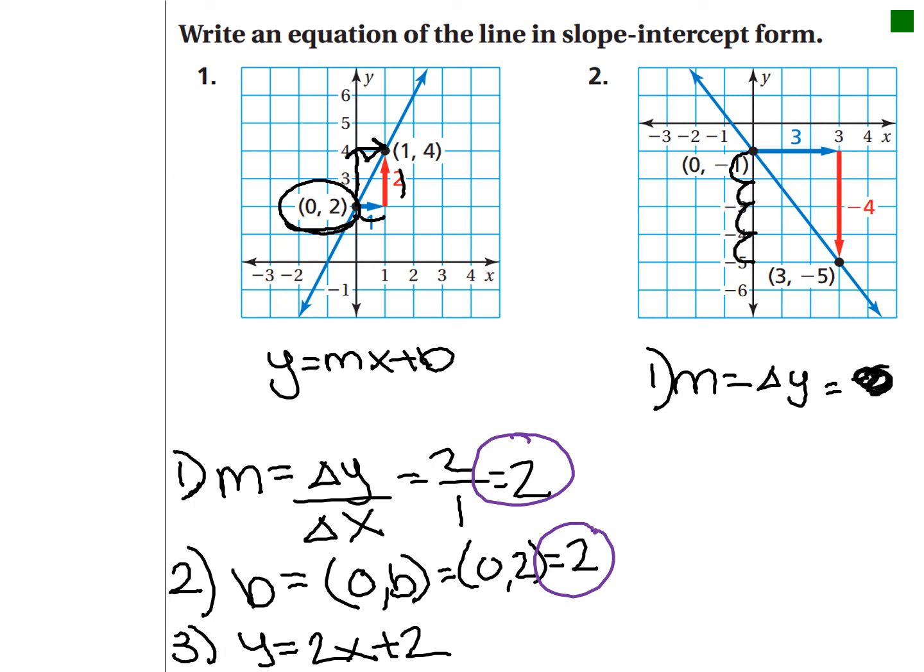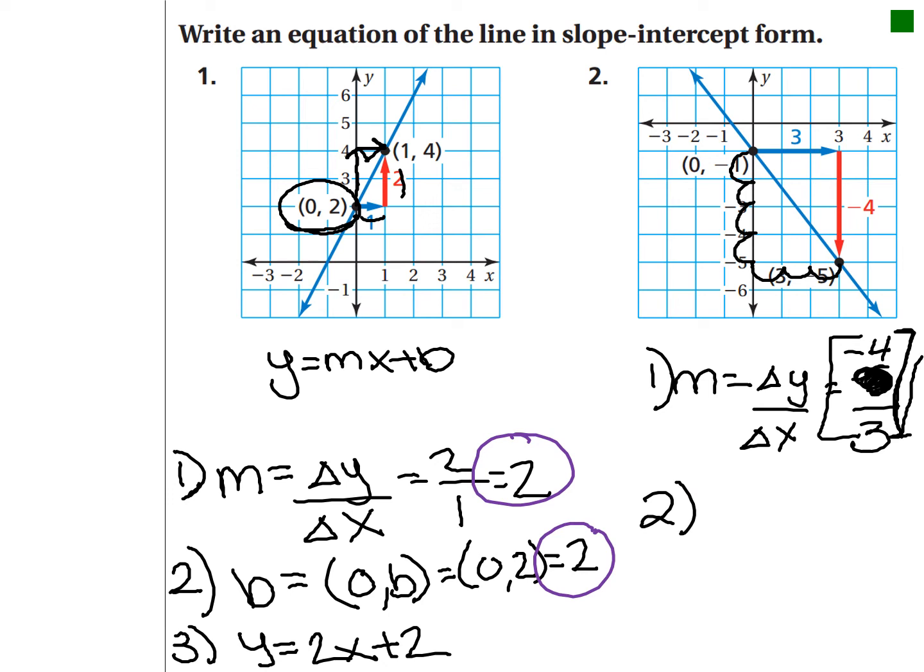Down 4. Went back and recounted that. Down 4. The change in x, the run, is 1, 2, 3. Leave it as this improper fraction.